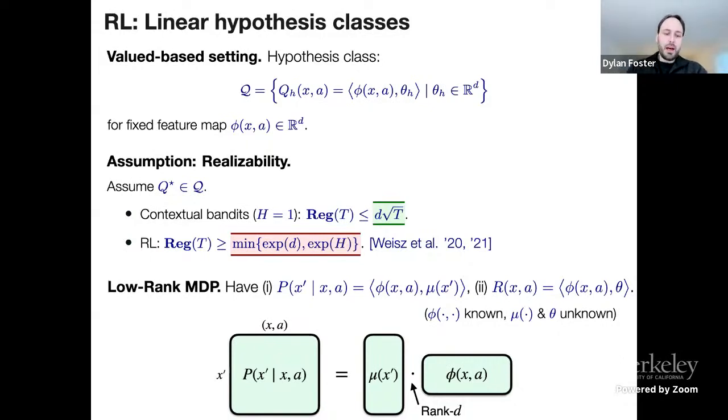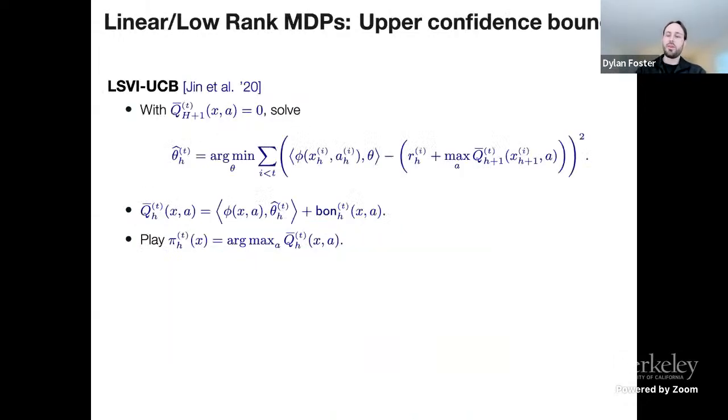All right. So I'm going to describe an algorithm for this low rank MDP setting. This algorithm is called LSVI-UCB. LSVI stands for least squares value iteration, and this is an algorithm still based on the idea of optimism and upper confidence bounds. I'll walk through this step by step.